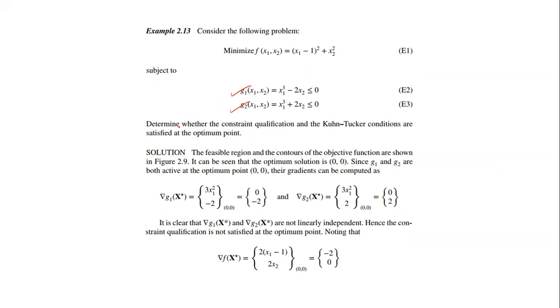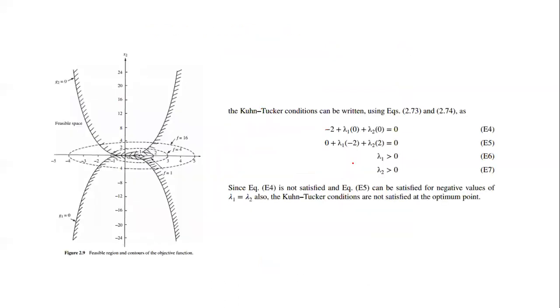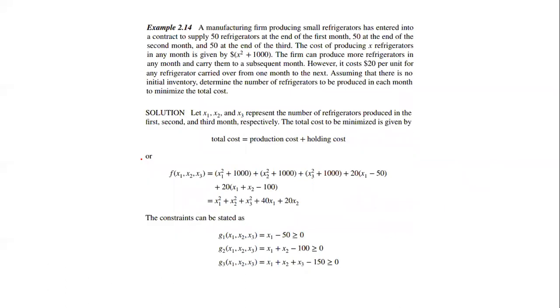They are asking to determine whether the constraint qualification and the Kuhn-Tucker condition are satisfied at the optimum point. The optimum point is not given, so you have to figure it out. They have already figured it out from the diagram. In the exam hall, you have to figure out the diagram, and based on that, a suitable optimum point.